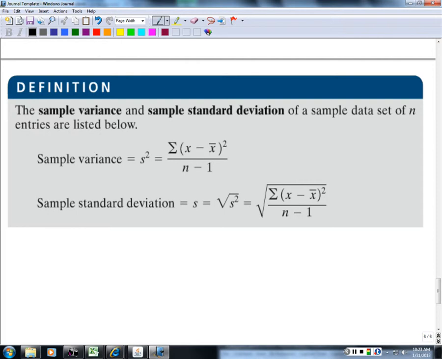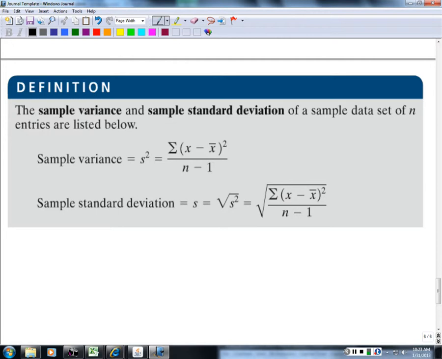Well, aside from the fact that this is an S and not a sigma, instead of using n, the entire group, we use little n minus 1, which means that if there are 15 values in my data set, I'm only going to divide by 14.